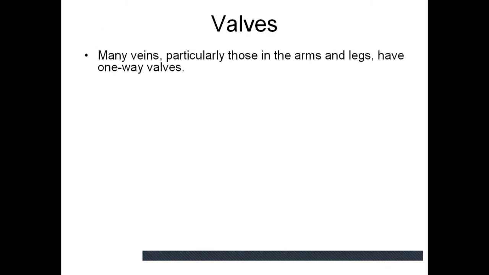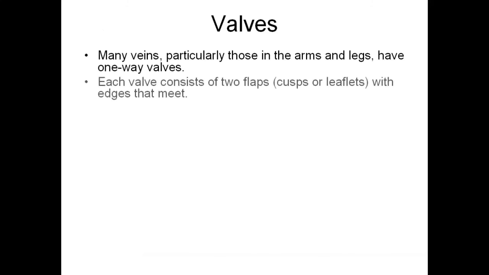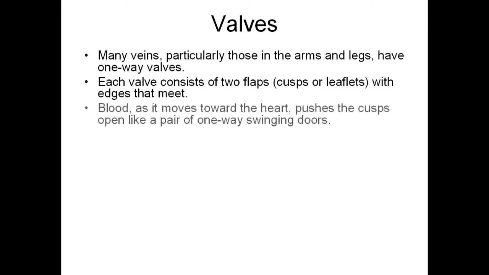So veins have valves, and particularly those veins in the arms and legs, they have one-way valves that allow blood to pass towards the heart, but not back out into the system. Each valve has got two flaps or two cusps or two leaflets, whatever you want to use, and the edges of these valves meet and block off the vein completely so that blood cannot descend into the lower parts of the body.